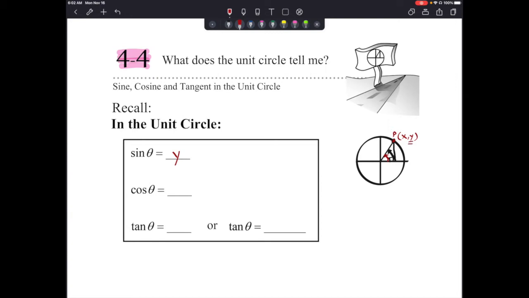We also know that we could find the x coordinate by simply taking the cosine of theta. And then we talked about the tangent of theta is always going to be equal to the ratio of y over x. It's like the slope of the hypotenuse of that angle. Or you could also just treat it as the sine of theta over the cosine of theta.